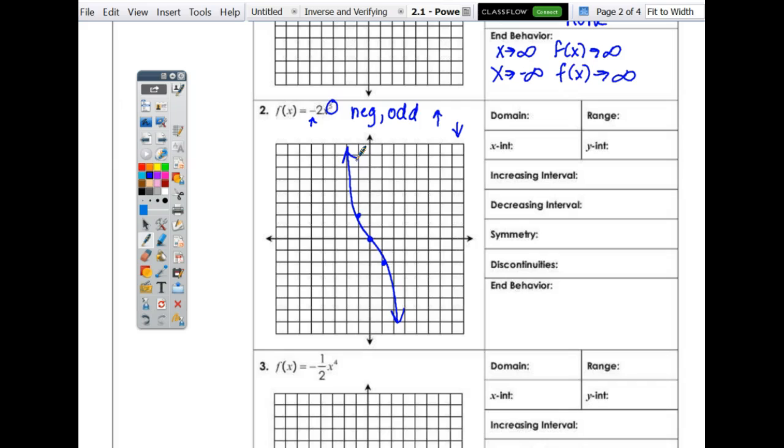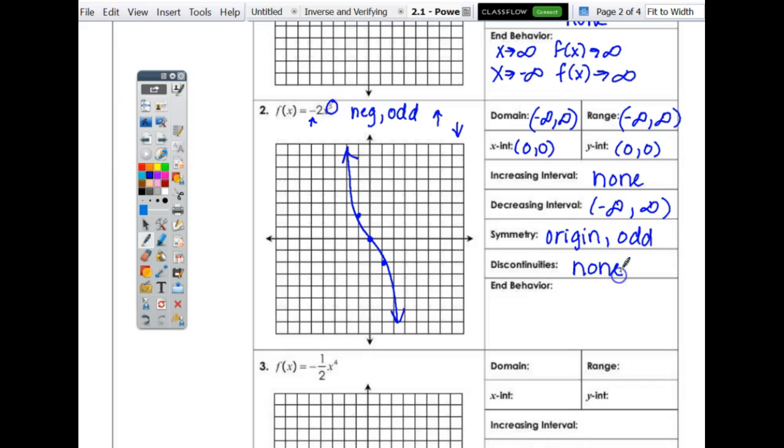So here's my graph. My domain is negative infinity to infinity. My range is negative infinity to infinity. My x-intercept is 0, 0, which makes my y-intercept 0, 0. I have no increasing interval. It's all decreasing. It's symmetric around the origin because it's odd.